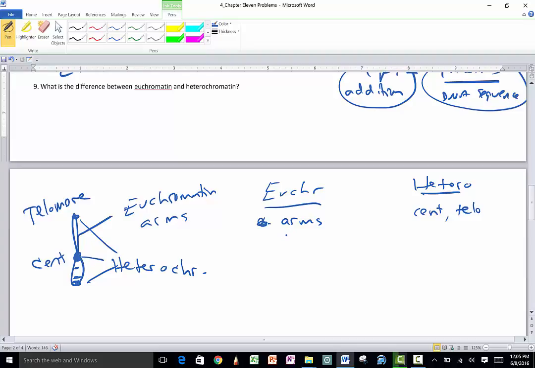Euchromatin is where the genes are, and this is where transcription occurs. No transcription here. This is decondensed or loosely condensed, and this is highly condensed.